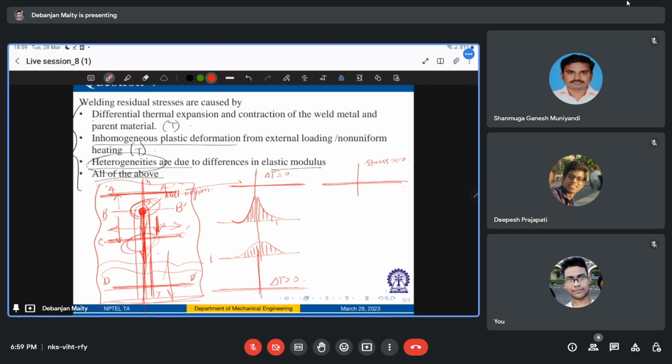And what does the distribution of residual stress in the x direction look like? This is my x direction, this is my y. Let me take another color.